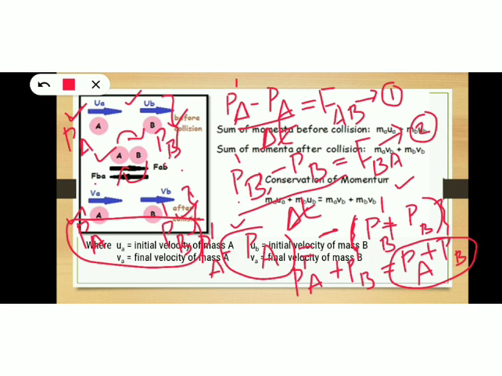Consider the momentum of A before collision to be 5, and the momentum of B before collision to be 10. Then the total momentum is 15. Suppose after collision, the momentum of A has changed to 9 and the momentum of B has changed to 6.